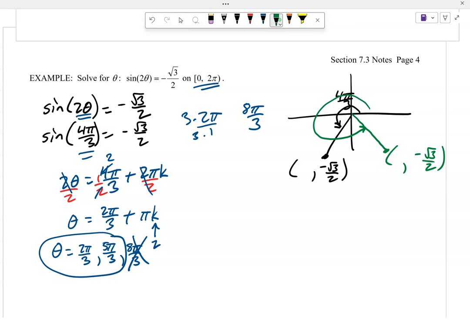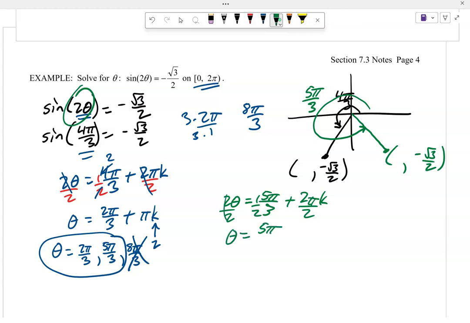And that in green there, that would be at 5 pi thirds, so 300 degrees, right? So we're going to let 2 theta, because we know sine of 5 pi thirds, be that 5 pi thirds plus all 2 pi k. We're going to divide everybody by 2.